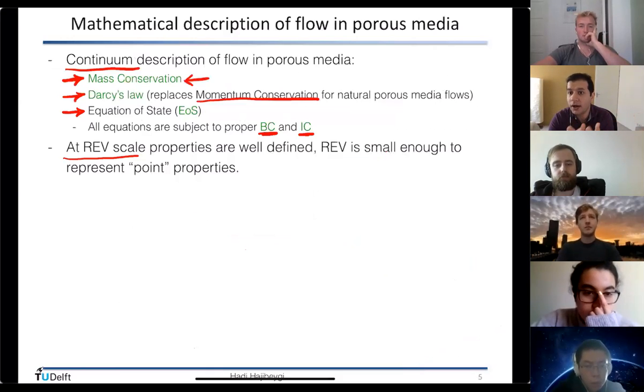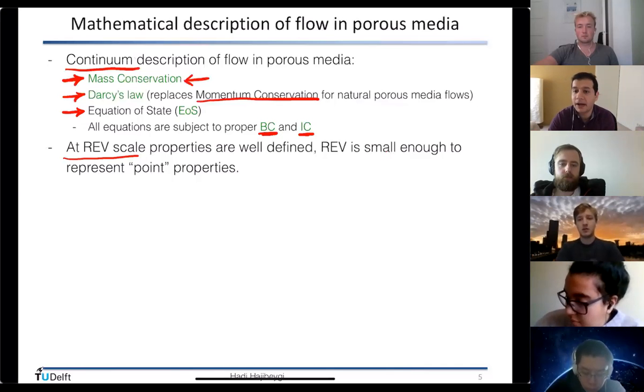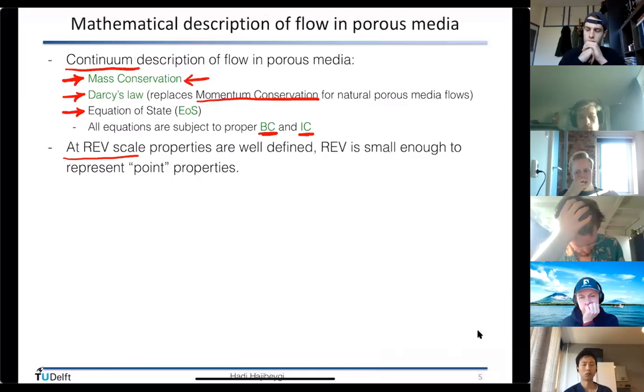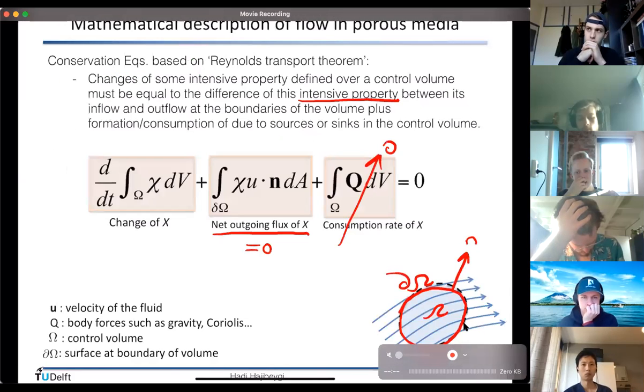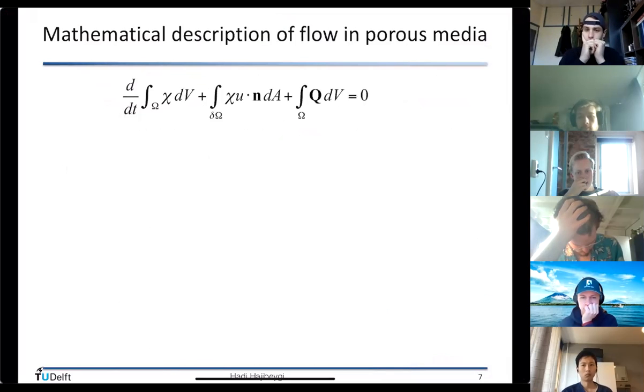No, I don't. Why? I'm assuming an isothermal process, so the temperature is constant and I don't have to worry about energy conservation now. So I'm going to only describe the system which would have only the mass. We are speaking about single phase flow in porous media now.